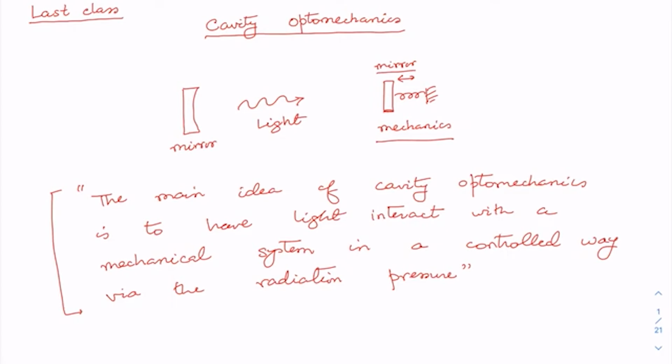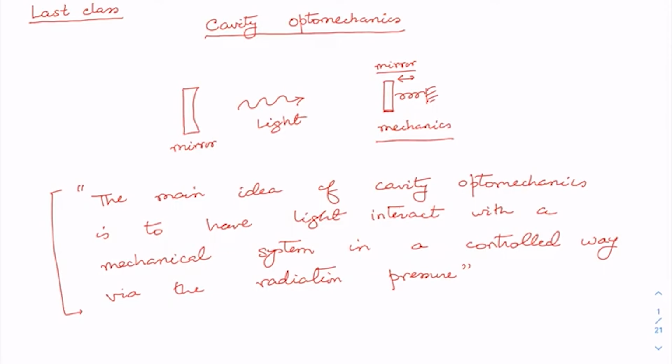Then we'll start discussing the basic physics of a cavity optomechanical system, assuming the radiation pressure force to be an instantaneous function of the movable mirror. So let us begin. In the last class, we started discussing cavity optomechanics.